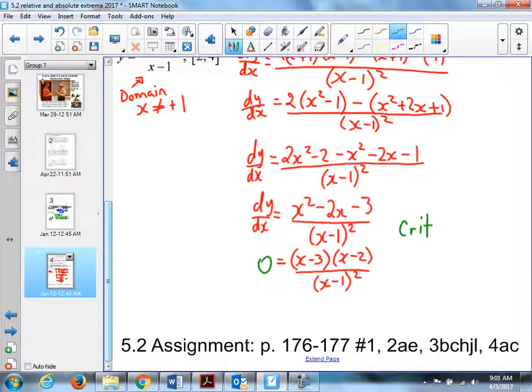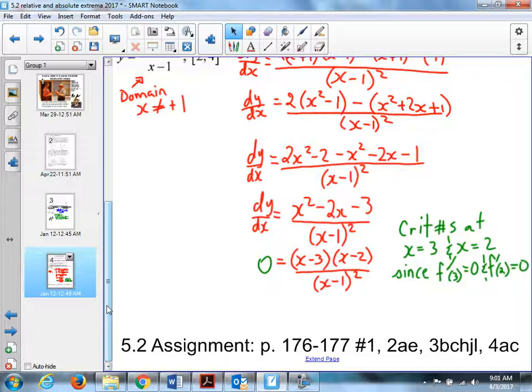That's why I left that space here. Critical numbers at x equals 3 and x equals 2, since f prime of 3 equals 0 and f prime of 2 equals 0, okay?